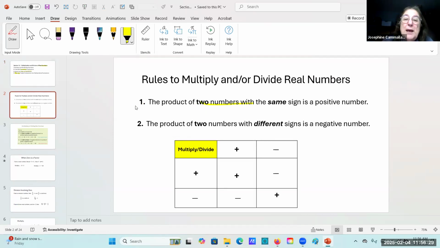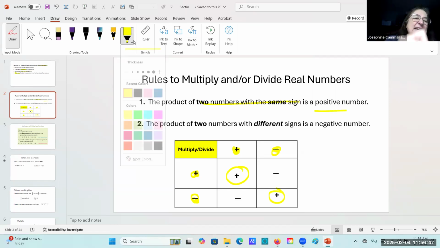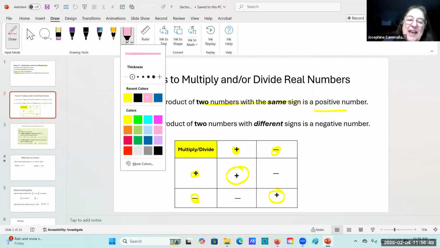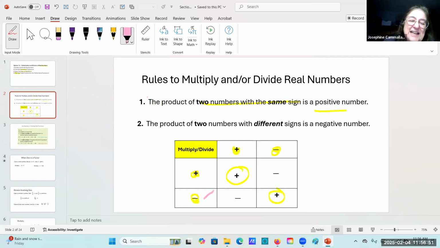If two numbers have the same sign, which means positive and positive, or negative and negative, you are having a positive answer. But if we have different signs, negative and positive, or positive and negative, we have a negative answer.